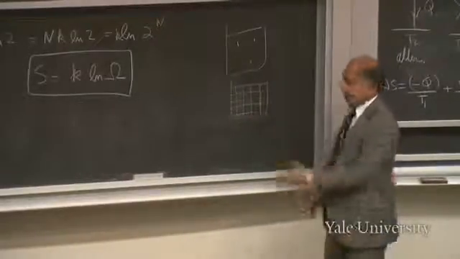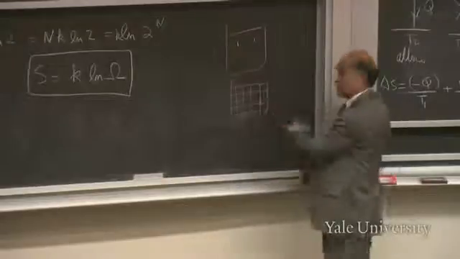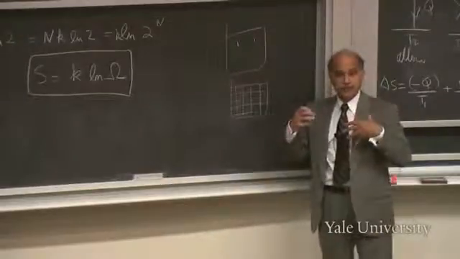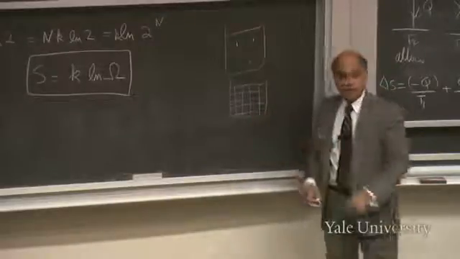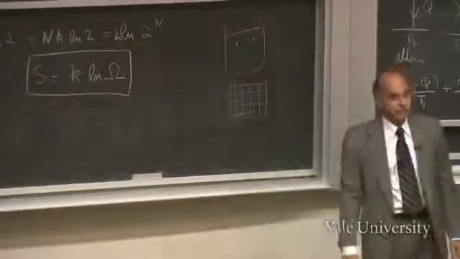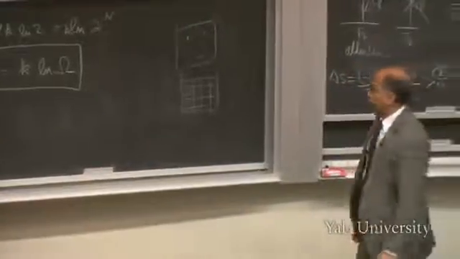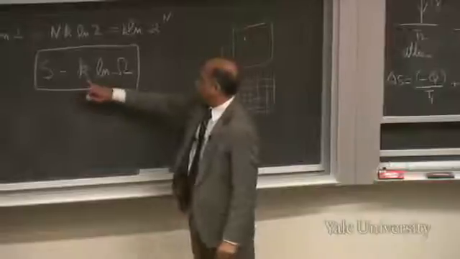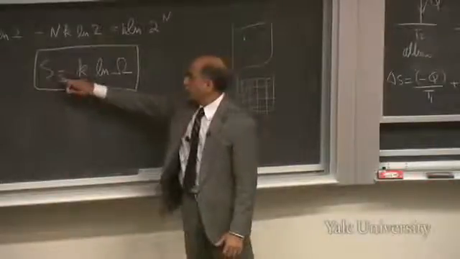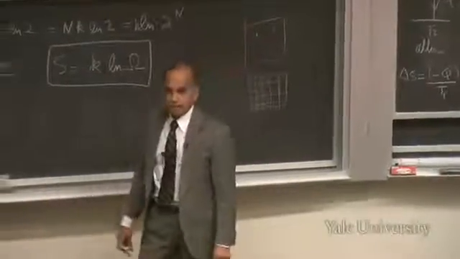Then permute them. Put D here and B here and C here and A there. That's another arrangement. To my naked eye, they all look the same, and they all produce the same macroscopic effect, but they're different microscopic arrangements. And you're supposed to take the log of the number of those arrangements multiplied by this constant called Boltzmann's constant to get the entropy of a state.